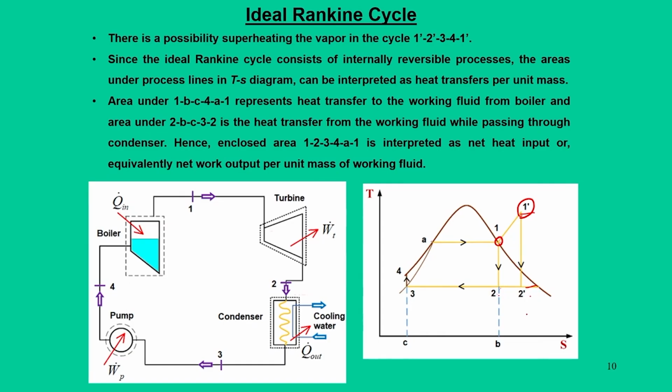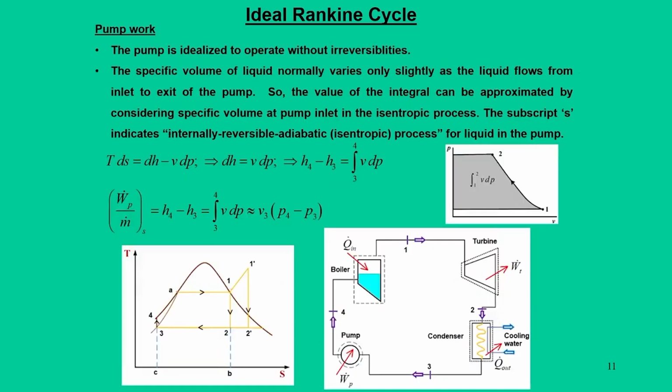Through this process we can effectively handle the quality of the steam. We will give more details in the subsequent lectures where we introduce the term superheat. But anyway, moving further, this is all about the ideal Rankine cycle.